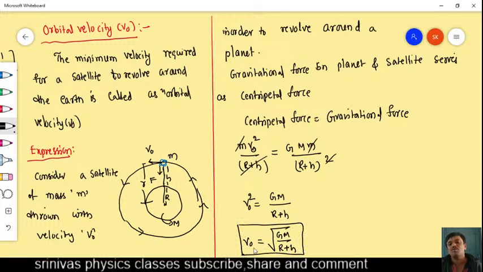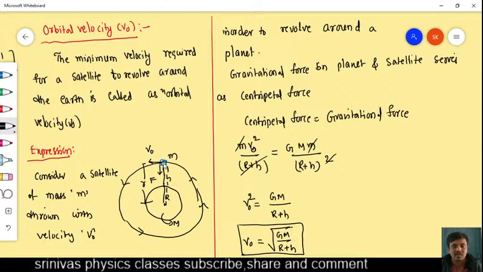In order to revolve around the Earth, we have to throw the satellite with a certain velocity. Satellites take photographs of the Earth, study the atmosphere and give more information. We also use them in communication. Then to launch that satellite, what velocity do we have to give?